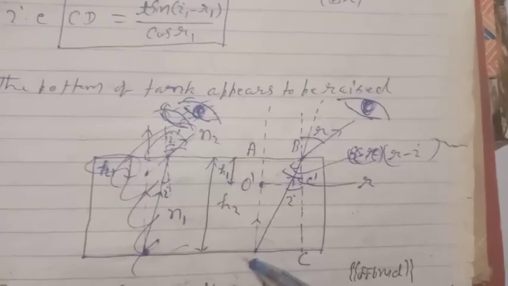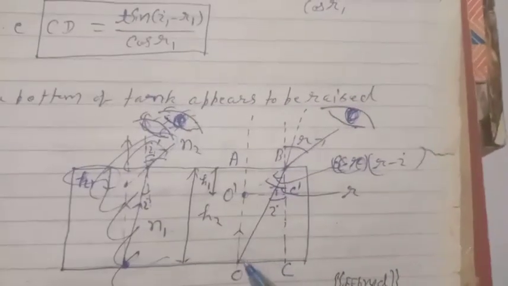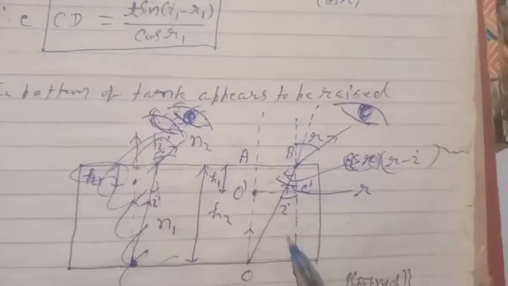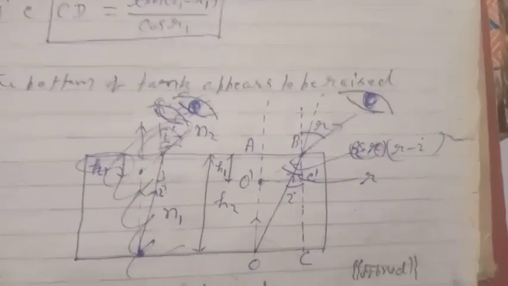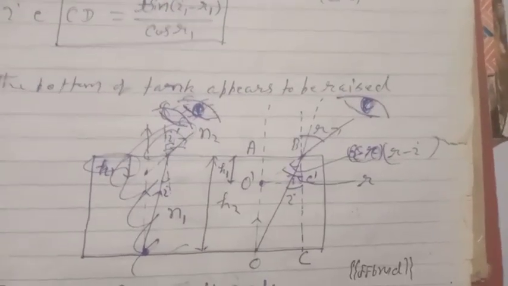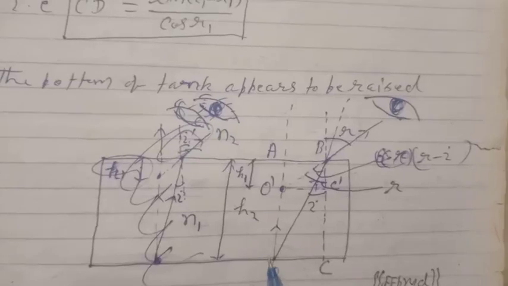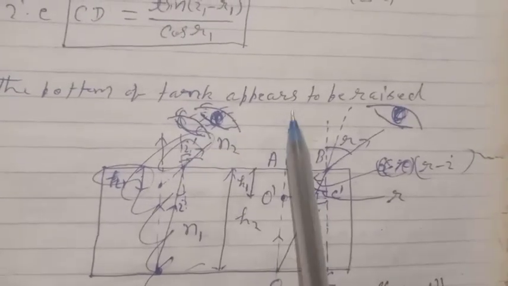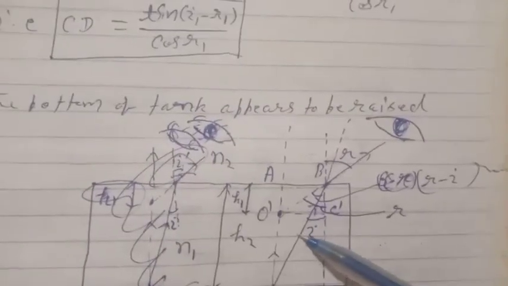Now we take one ray passing normally, so it will not deviate, because any ray passing normally does not get deflected.